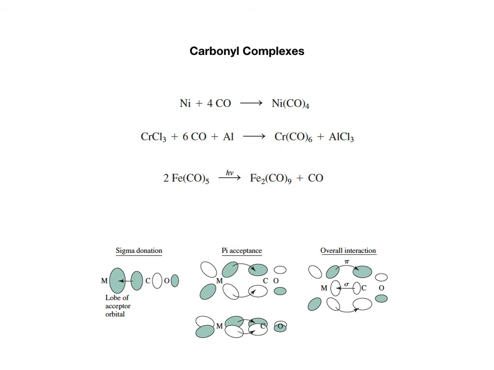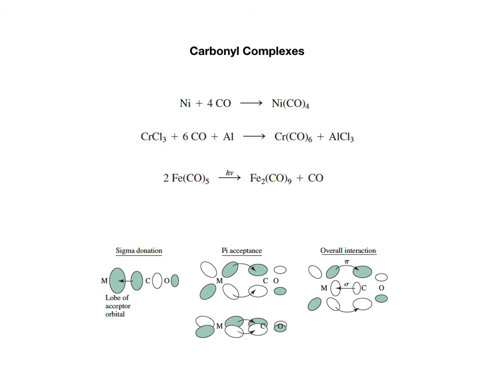For one, the carbonyl uses a lone pair, which is located on the carbon side, to donate electrons to the metal. At the same time, there's also a pi interaction between the d orbitals and the pi star orbital of the carbonyl. And the interaction is the donation of electrons from the metal to the carbonyl.